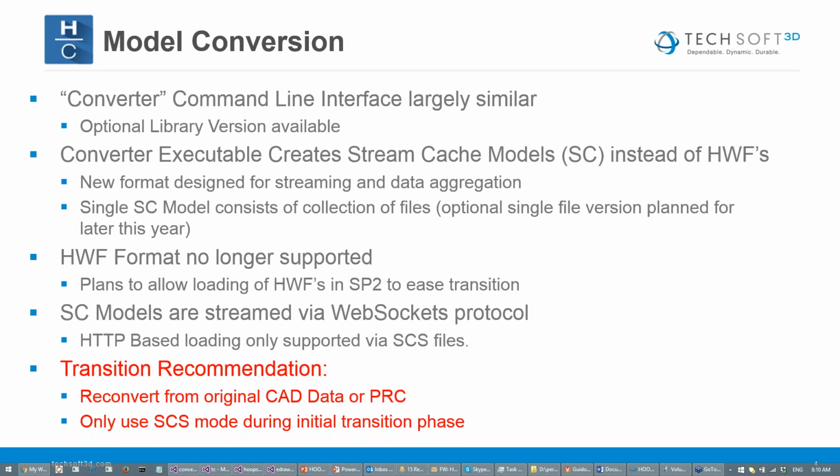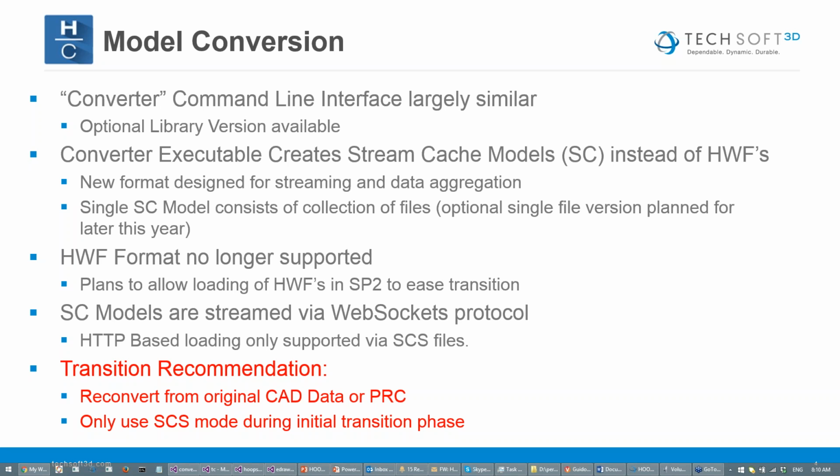It's actually a directory that gets created when you create this stream cache model that you specify. There's an optional single file version we're going to support later this year for people who have some issues with storing multiple files or even directories on the server. But the stream cache model is not like a single HWF. It's a different beast. And one important aspect of it is that, at least for now, the HWF format is no longer supported.